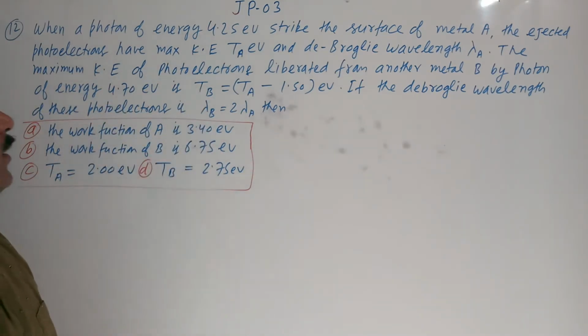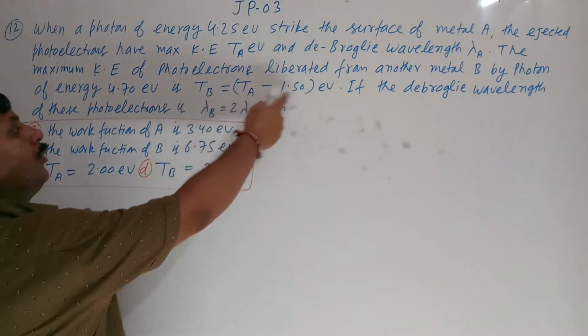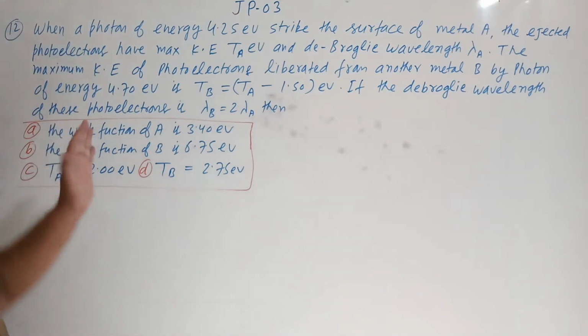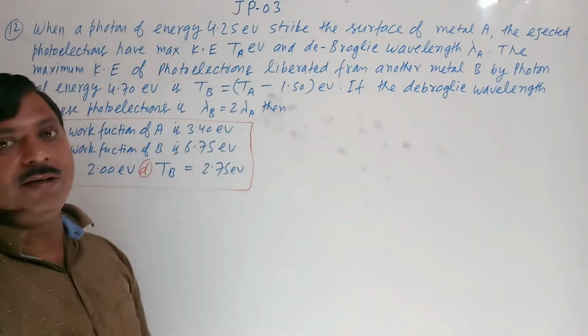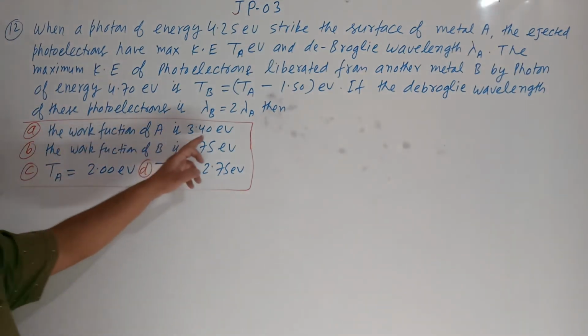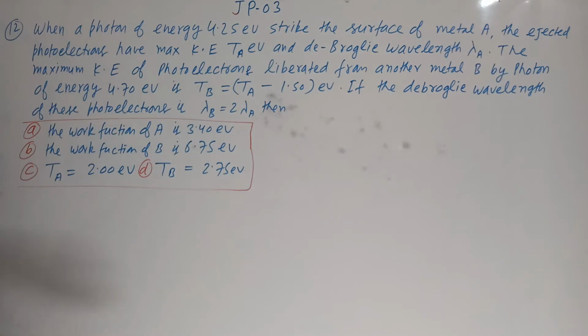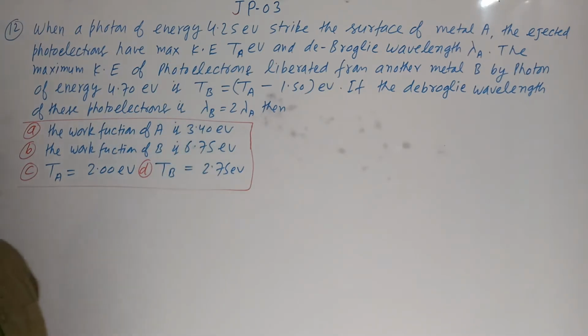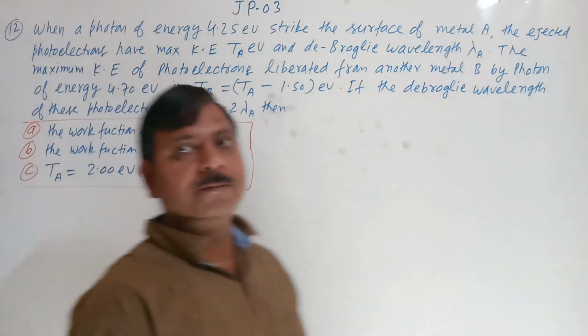What will be the maximum kinetic energy? TB is equal to TA minus 1.50 eV. The relation between de Broglie wavelengths they have given. Then 4 options they have given: work function of A 3.40 eV, work function of B 6.75, TA they have given 2.00 eV, TB they have given 2.75 eV.